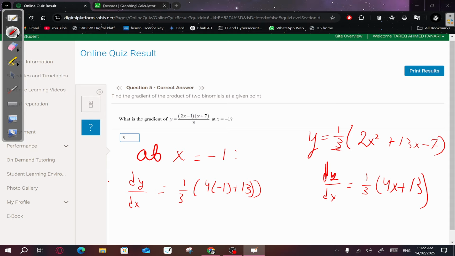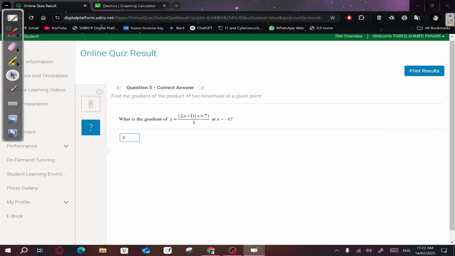Now this doesn't need a calculator, but it makes my life easier because I don't have to figure out what 1 over 3 is. That gives me dy by dx, the gradient, to be 3.